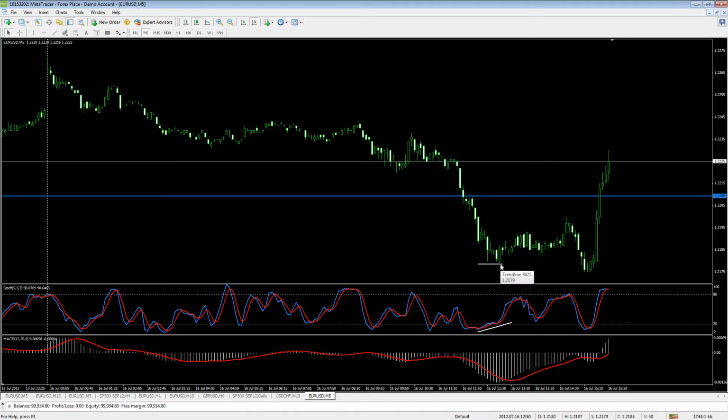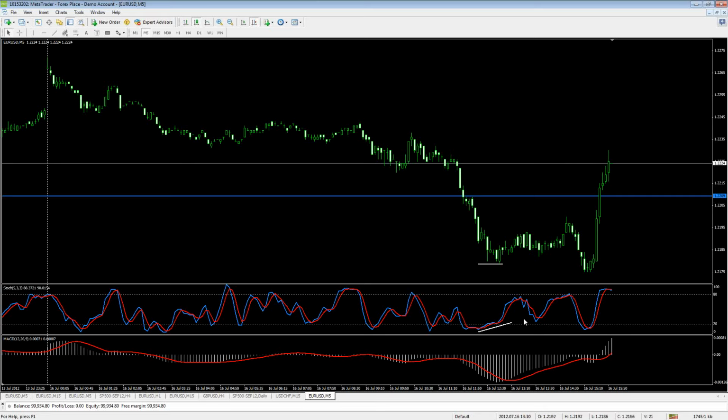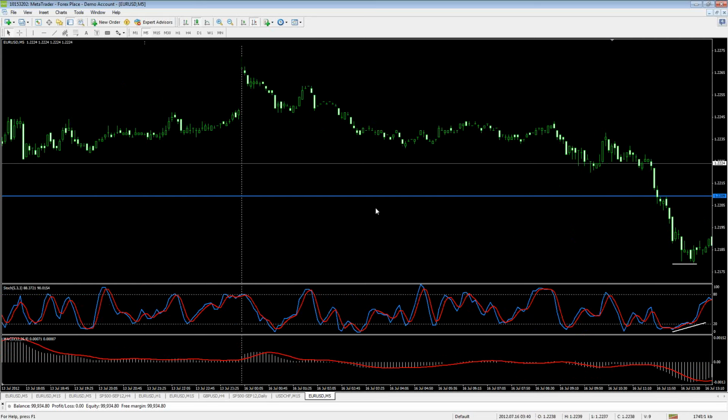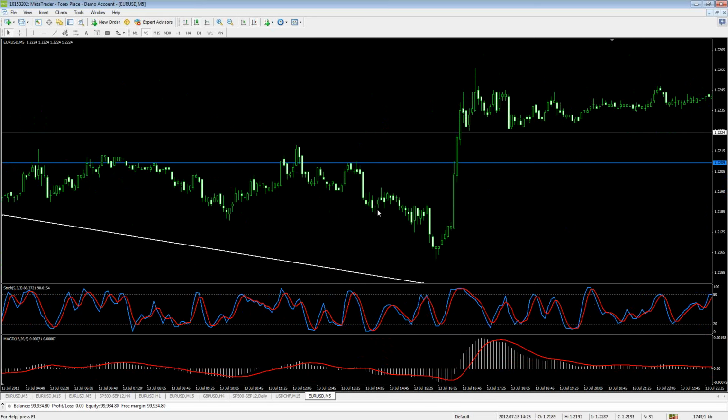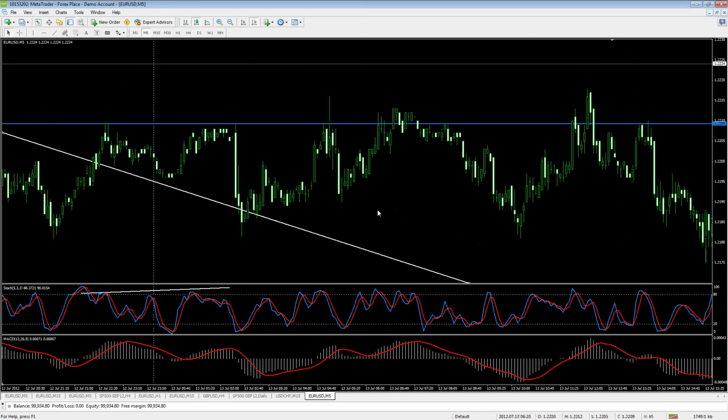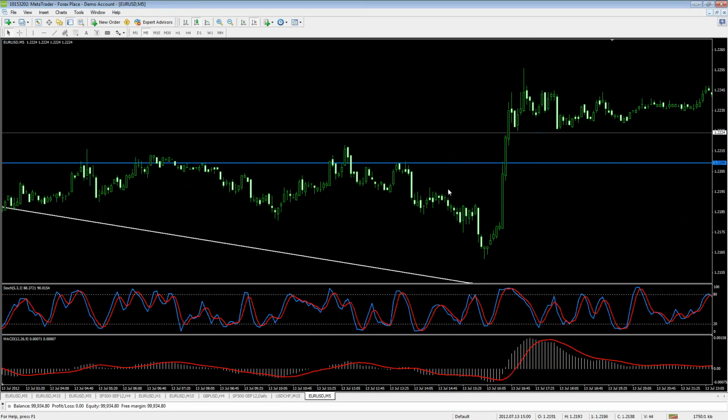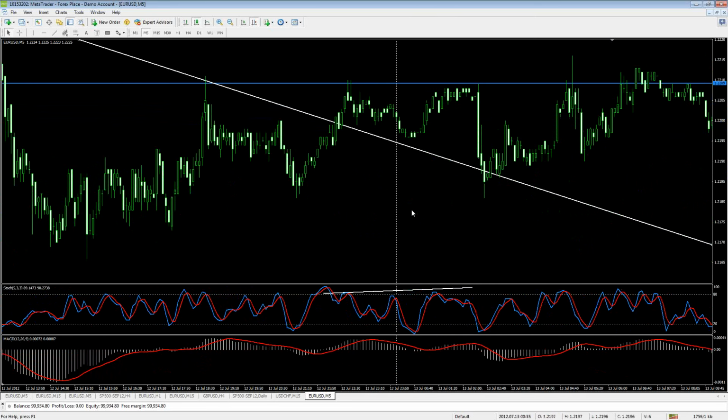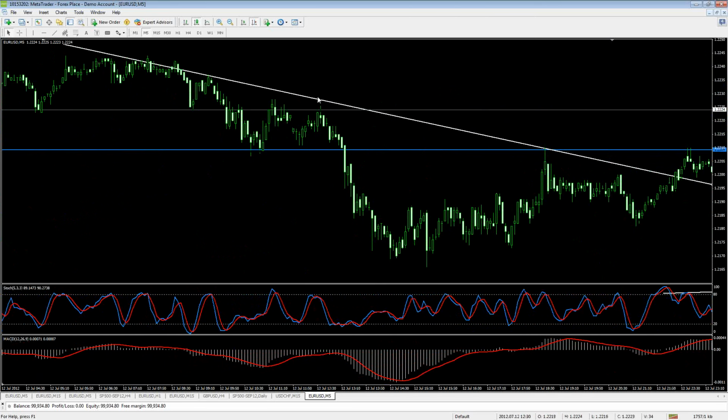For example, entering short here when you see some potential divergence is not a good idea, especially when you see the strong price action. On the other hand, joining a downtrend, for example, around here, you know what? Although there is a hidden divergence here, I want to take a better example of joining the trend.